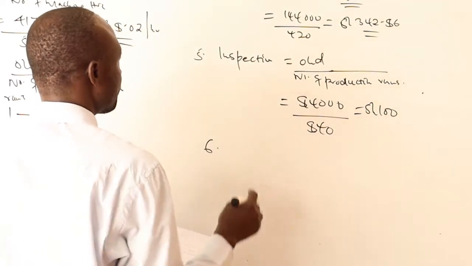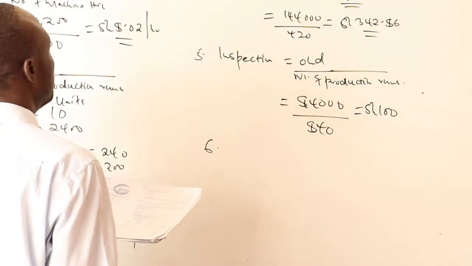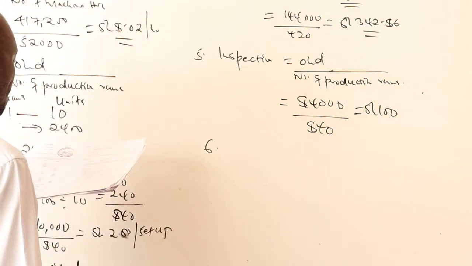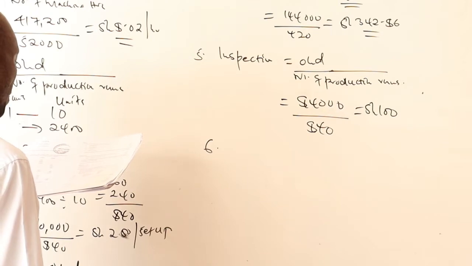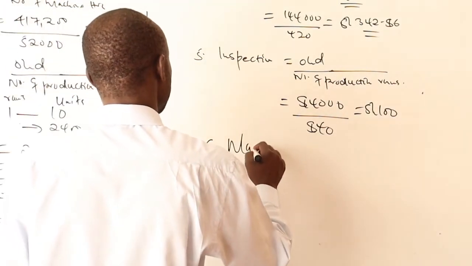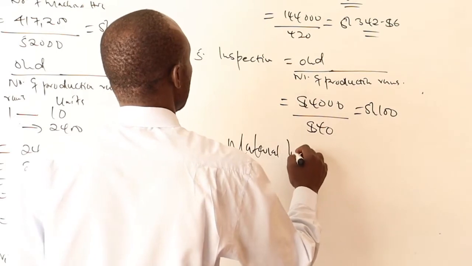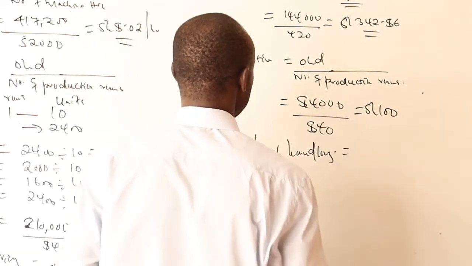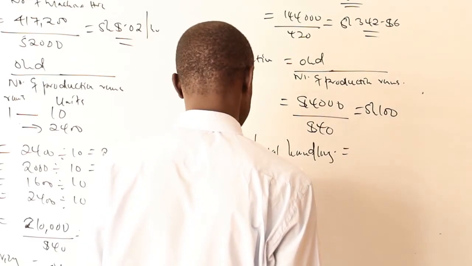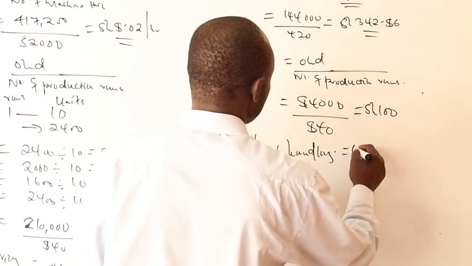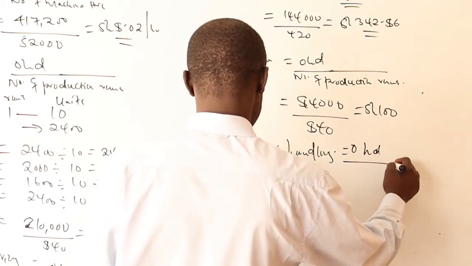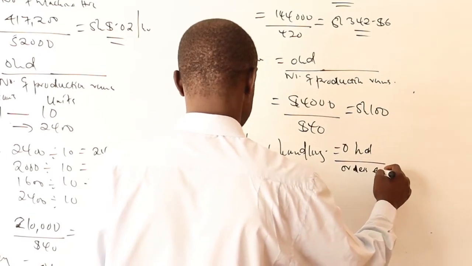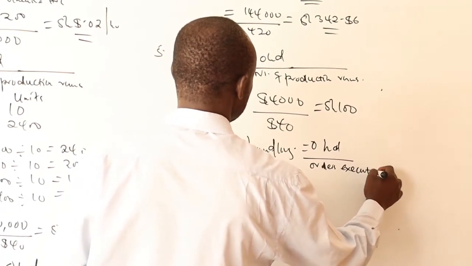And lastly, we are going to get material handling. Material handling is overheads over the number of orders executed.